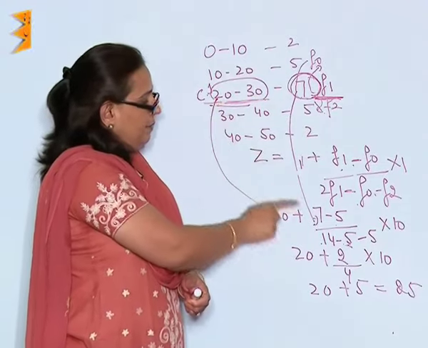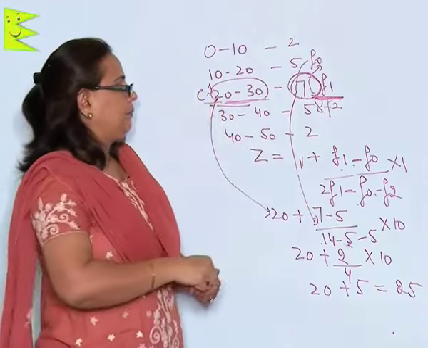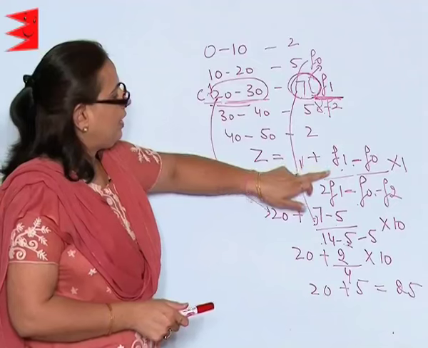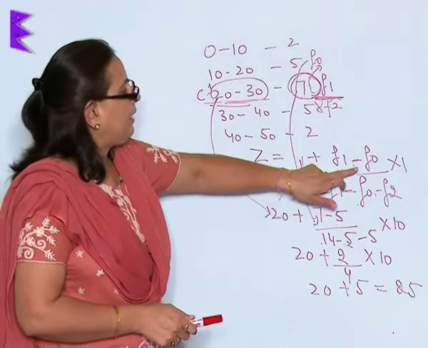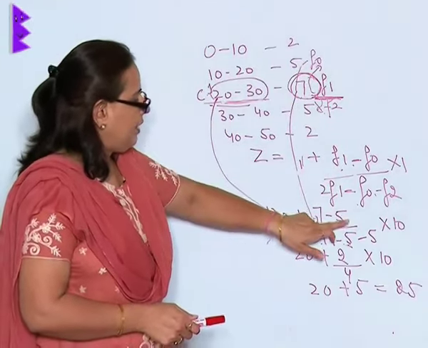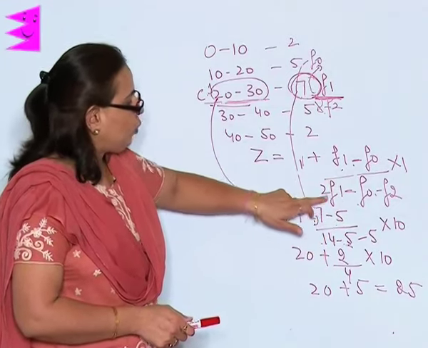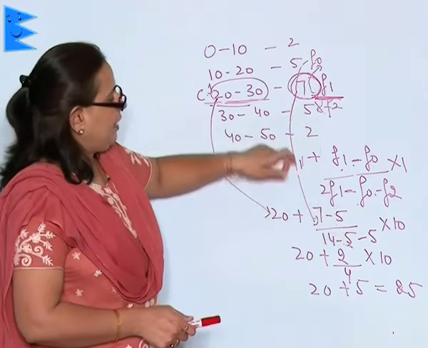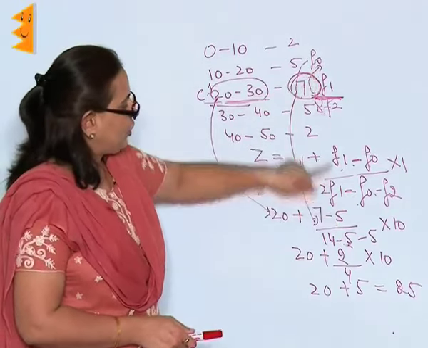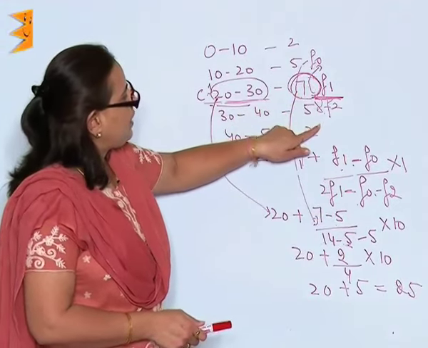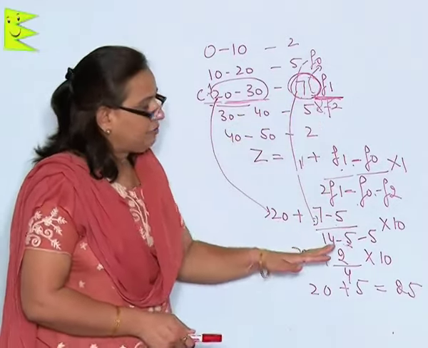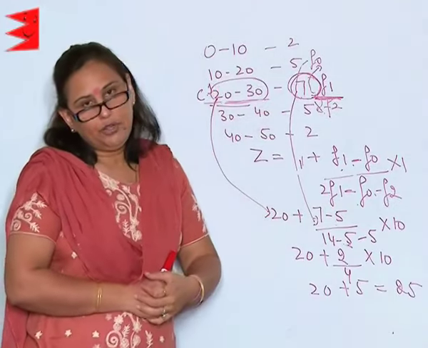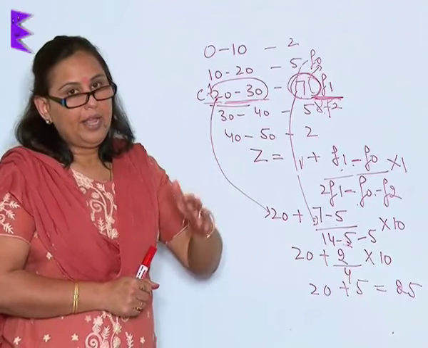So, the lower limit that I have is 20 and F1, which is in the same class interval, is 7, minus F0, which is the previous one, and upon 2F1, which means 7 into 2 is 14, minus the F0 that I have, which is 5, minus F2, the next one, again 5, which gives me the formula which is required.